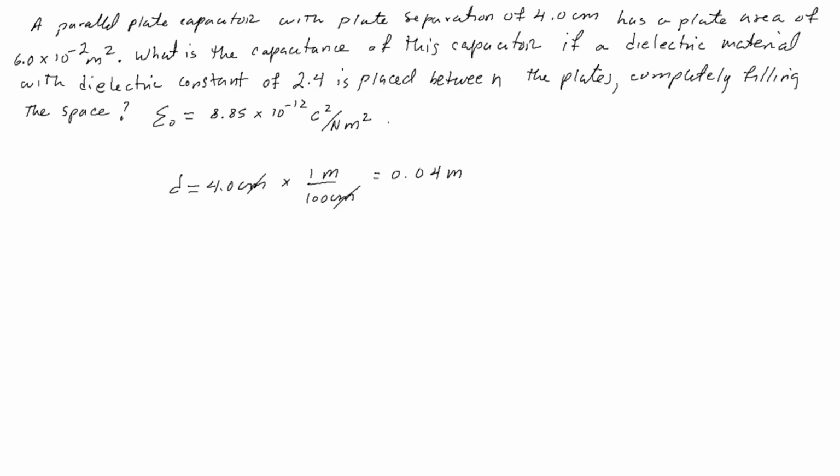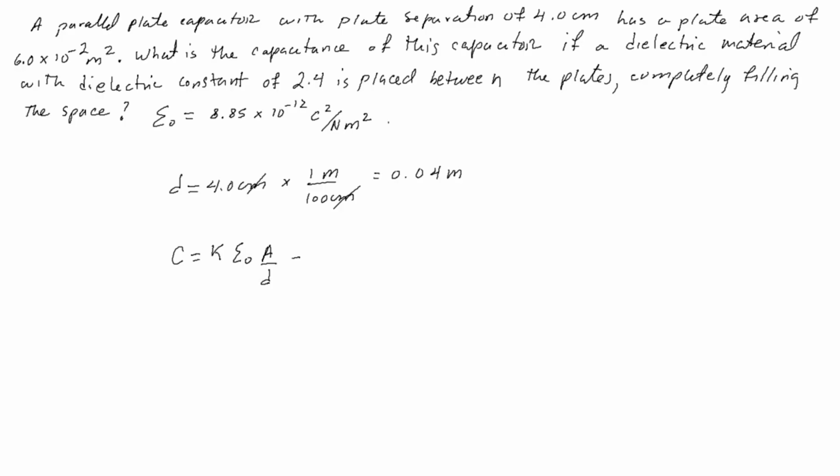Now the capacitor includes a dielectric material between plates, so the formula of the capacitance includes a constant K. So we say K times epsilon sub 0, then the area over the distance between plates.